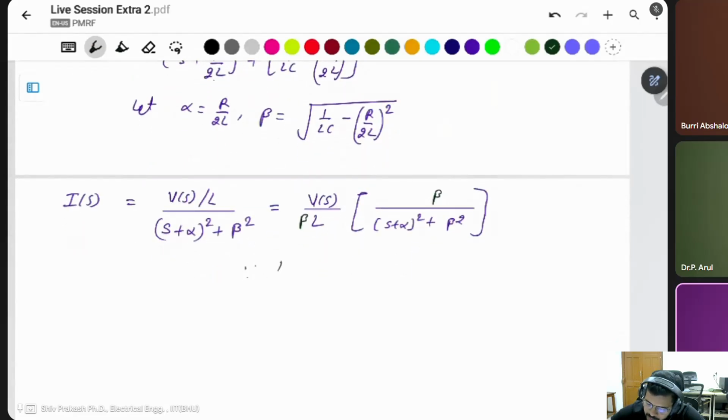Now Laplace of sine omega t is omega divided by s squared plus omega squared. It will look like that only. This alpha term makes this thing e power of minus alpha t.